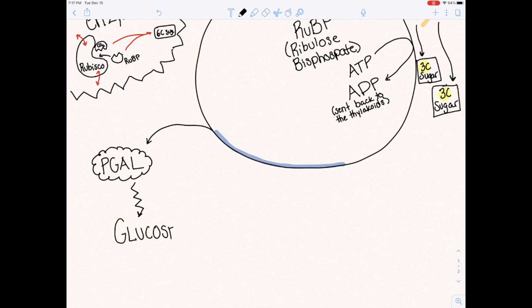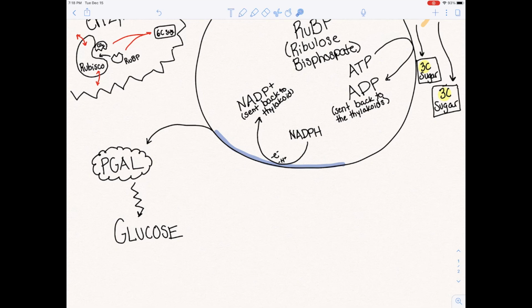For this to happen, we use a molecule of the NADPH from the light-dependent reactions, and we steal its electron, which means we also take its hydrogen, and then we're left again with NADP+. This NADP+ is then sent back to the thylakoid.